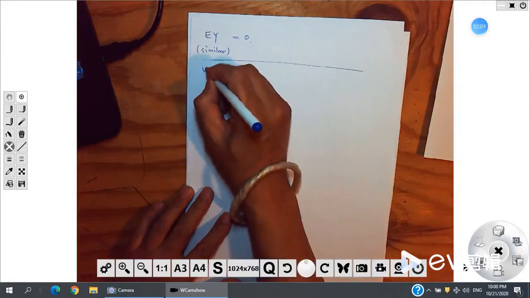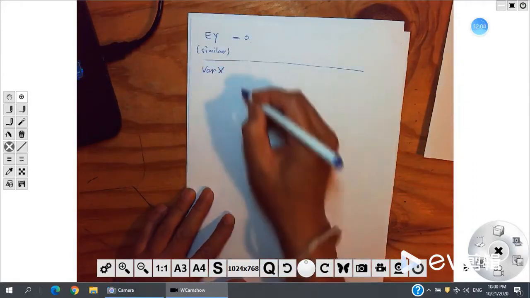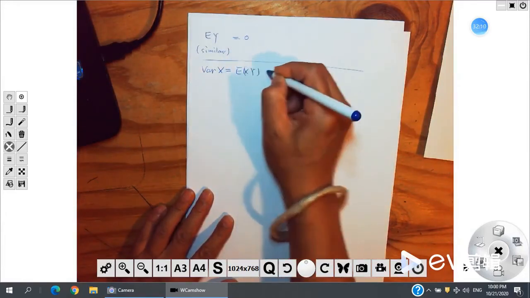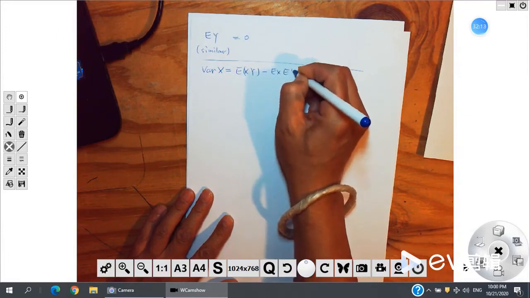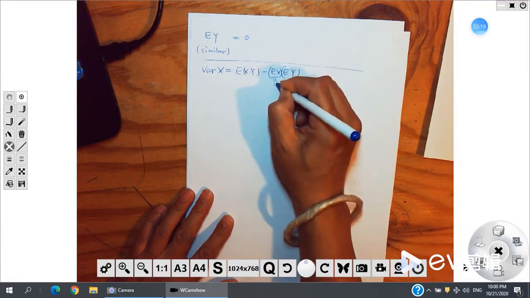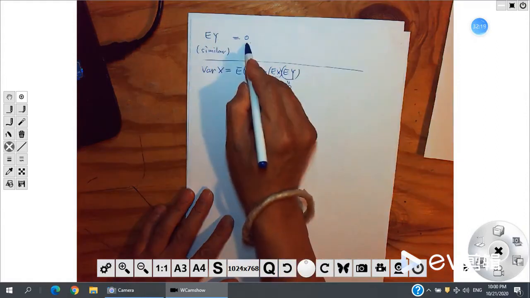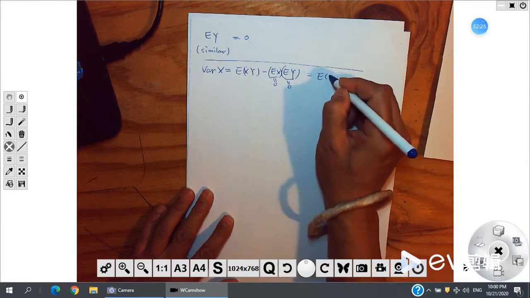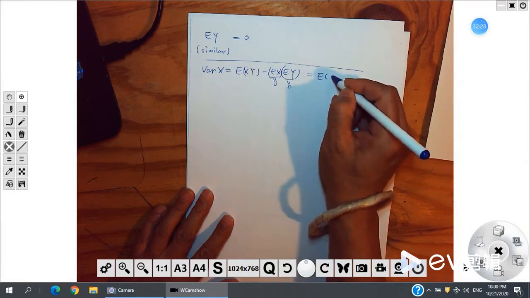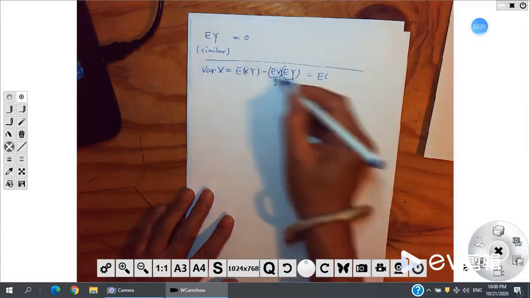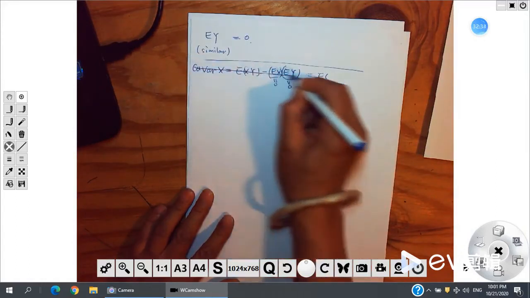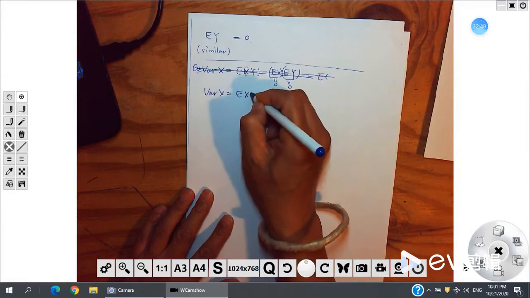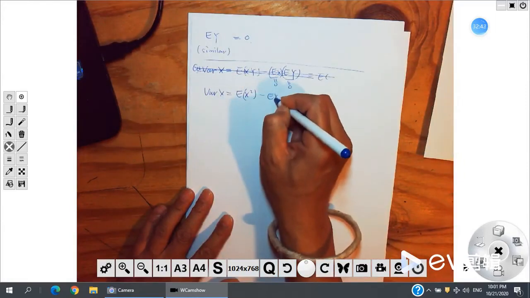Then we check the variance of x. Variance of x equal to E of xy minus E[X]E[Y]. But now this is 0, this is also 0, right? We just got it. E[Y] is 0, and also E[X] is 0. So this is just the E of, oh, sorry, I confused. This is a covariance. That's right, sorry. So variance of x will be E of x squared minus E[X] squared.